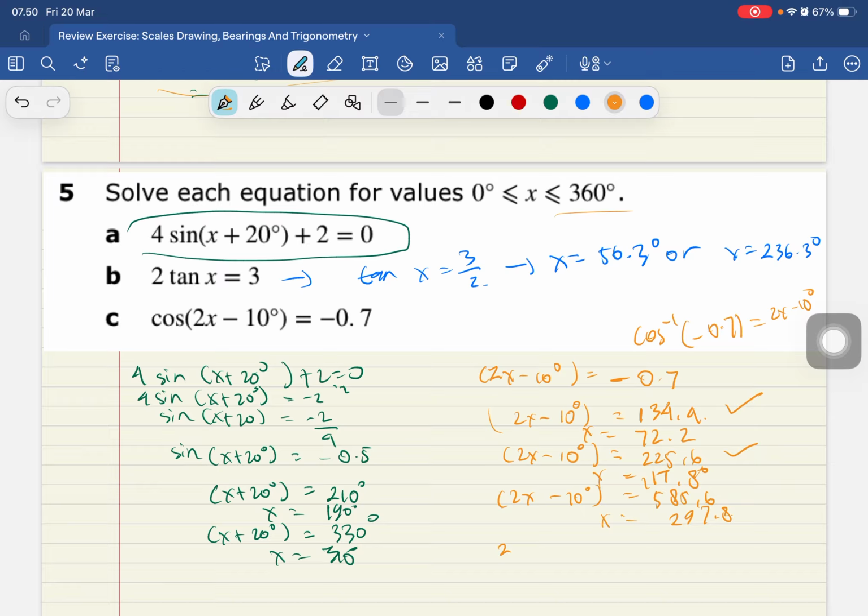Yes, we can try 2x minus 10 degrees. So 585.6 minus 360 is 225.6. Okay, one full turn again.